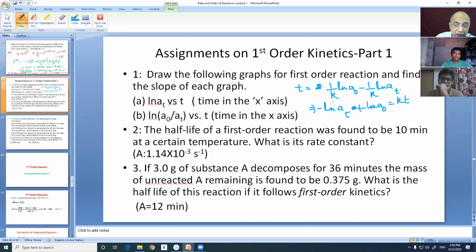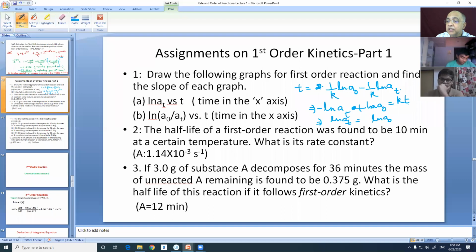If you take the LCM k and crisscross to this side, then kt is equal to minus ln At plus ln A0. So which implies ln At is equal to ln A0.